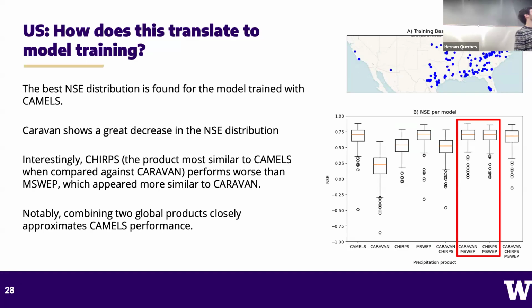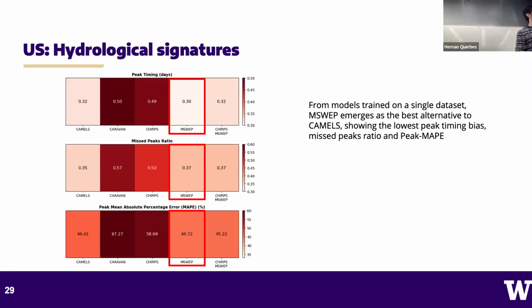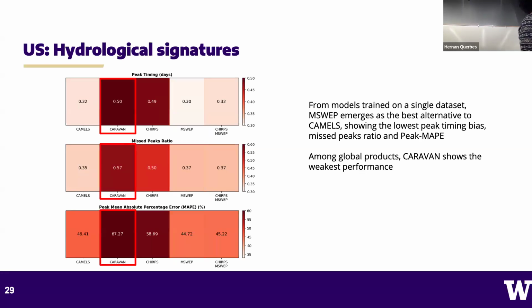Now, what happens with the hydrological signatures that I introduced? If we look at the timing signatures, across the models that were trained with just one precipitation forcing, we see which one works best across the metrics for the peaks. CARAVAN is the one that shows the worst metrics when it comes to the peaks.